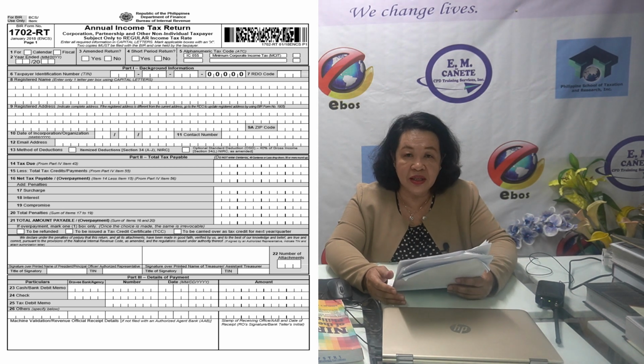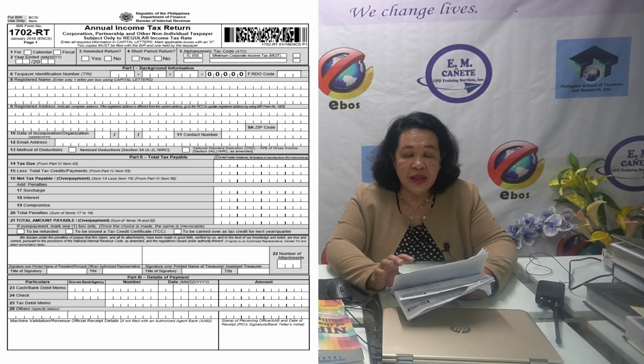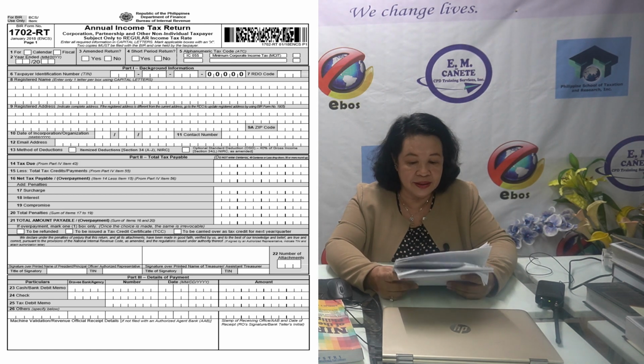Do not change your address in your income tax return without first updating your registration with the BIR. If during the filing you are still not able to change your address, then use the old address.